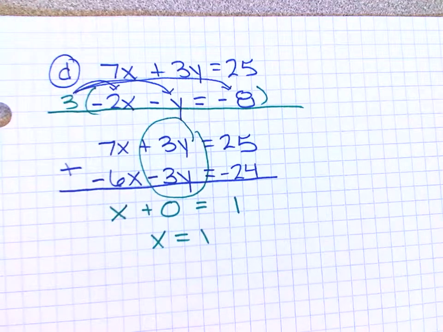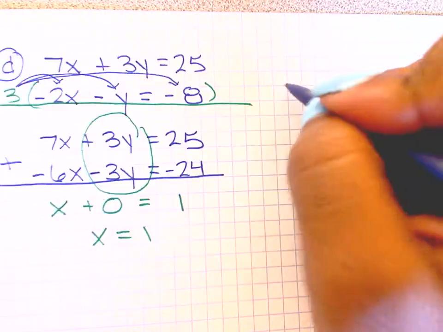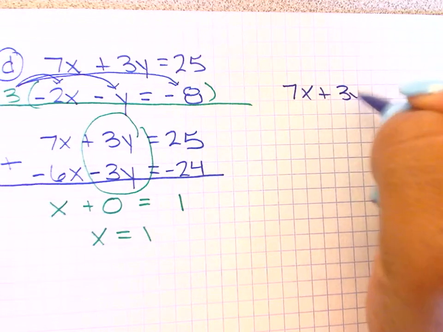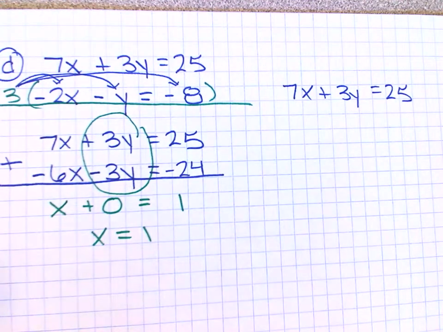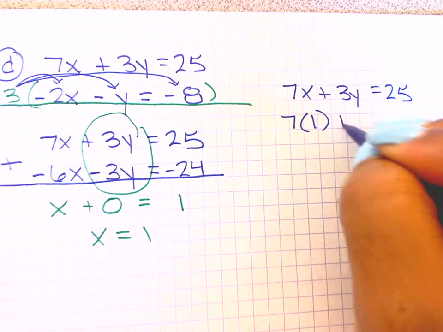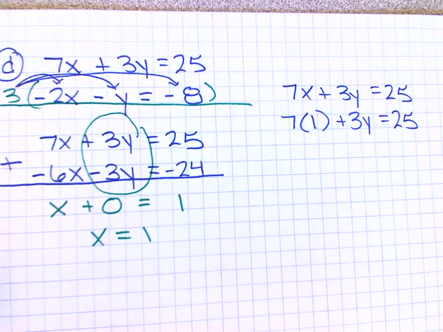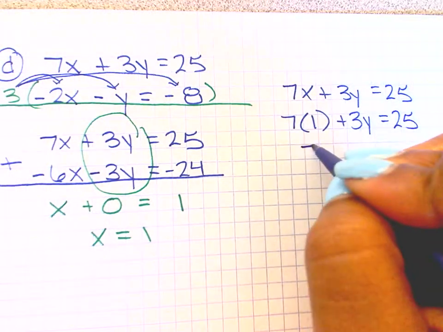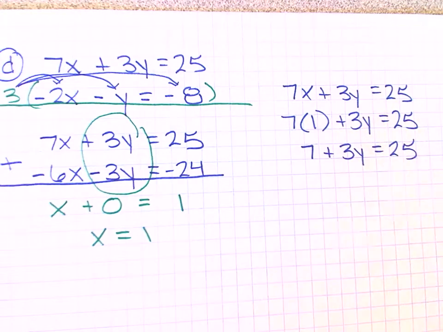So now I just need to plug it into one of the equations to get what y equals. So let's plug it into that first equation, 7x plus 3y equals 25. Let's go. 7 times x, which is 1, plus 3y equals 25. 7 times 1 is 7, plus 3y equals 25.